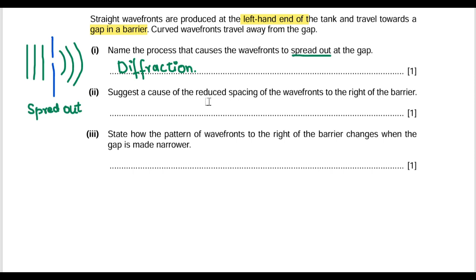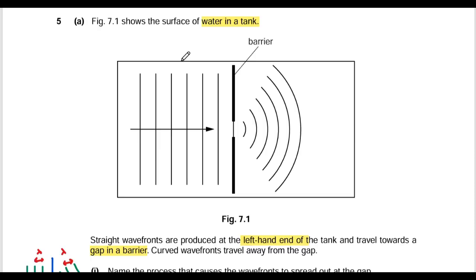Suggest a cause of the reduced spacing of wavefronts on the right side of the barrier. Diffraction doesn't affect wavelength at all. So if the wave is being diffracted, its wavelength is the same. That means there is some other reason than diffraction. That could be that there is deep water on this side of the gap and shallow water here. In deep and shallow water, the frequency of the waves remains the same. Frequency on this side and this side is the same.